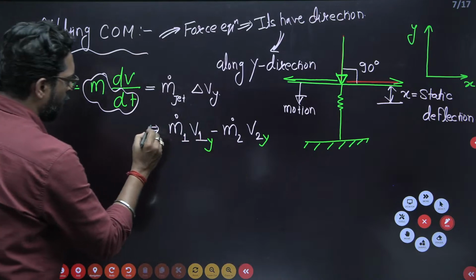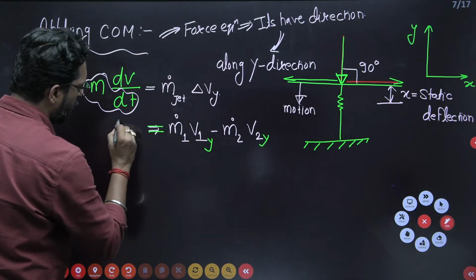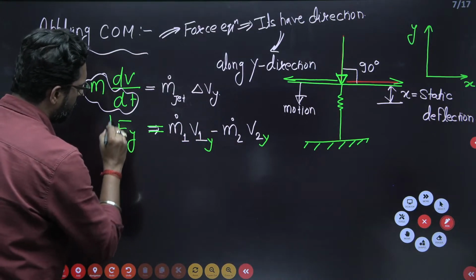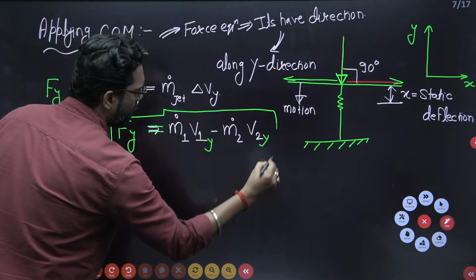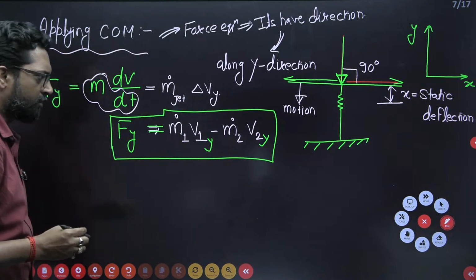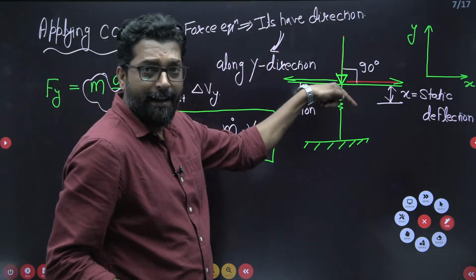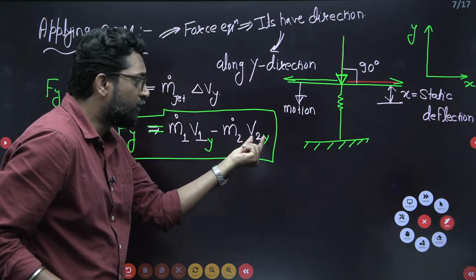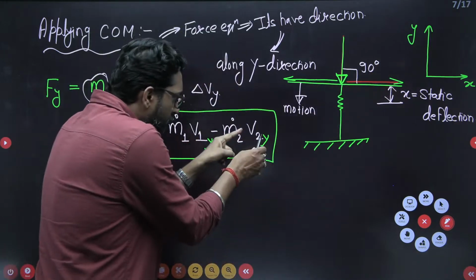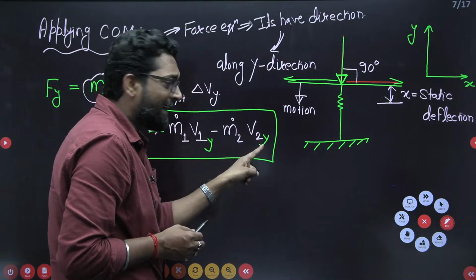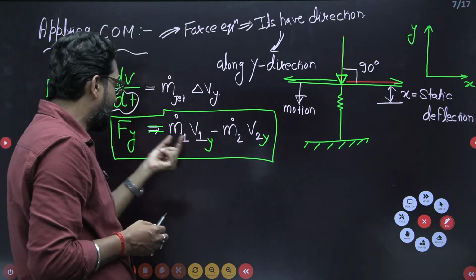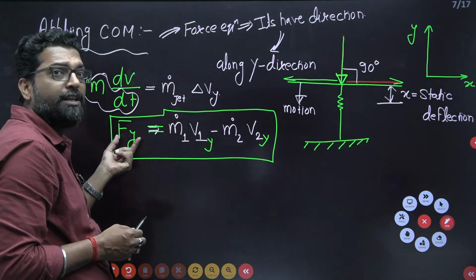Why? Because we have to use the force in y direction. So these are the format of this question. Now, this is the velocity at inlet and this is the velocity at exit. Why do we have to apply the conservation of momentum in the y direction?